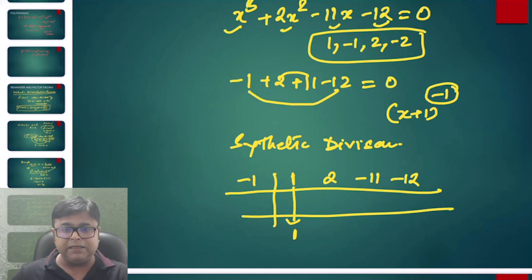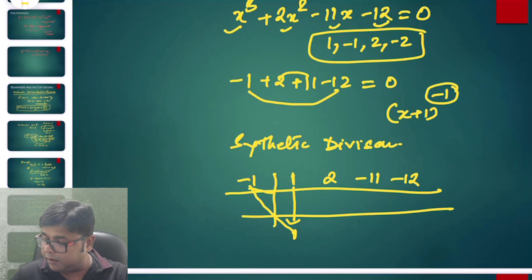Then multiply this 1 by minus 1, the root. 1 into minus 1 is minus 1, and you put it in the next column under 2. Now add the two values, and I will be getting 1.